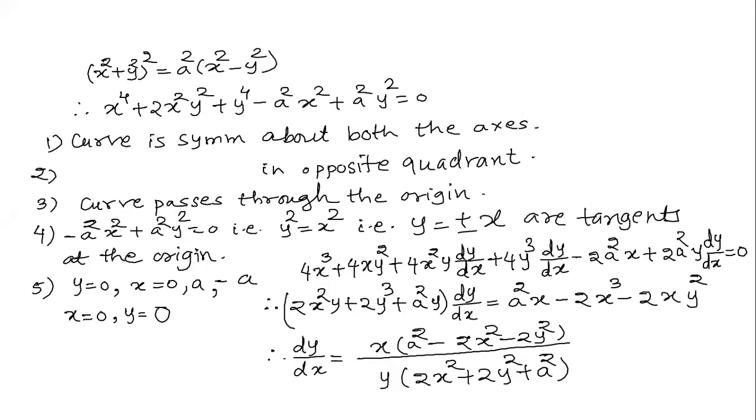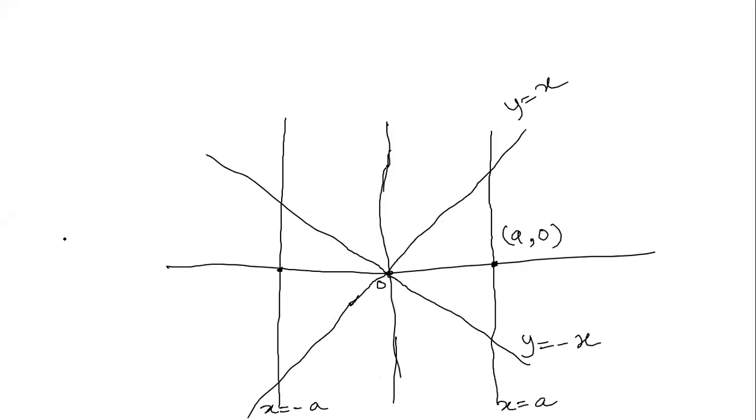What will the numerator be? a into a square, a cube will come, and the denominator will be 0. dy by dx is infinity. So I will write here dy by dx at the point x equal to a and y equal to 0 is infinity.